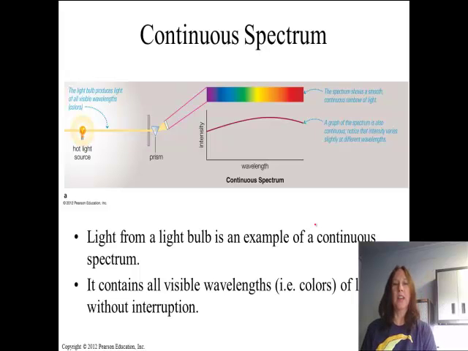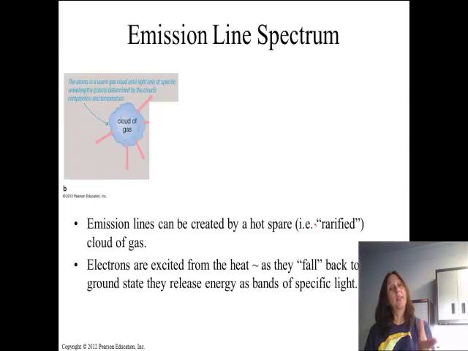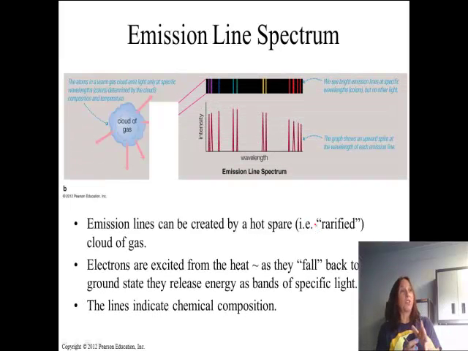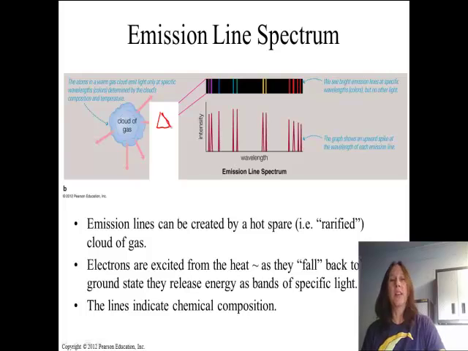So here is an example of an emission line spectra. Now you'll just have to bear with me. Right here is a prism, or sometimes instead of a prism it can be what we call a diffraction grating, but basically it separates the light that's coming and lets us look for any emission lines we may have. And right here, with regard to intensity, you can see the blips, blips, blips.